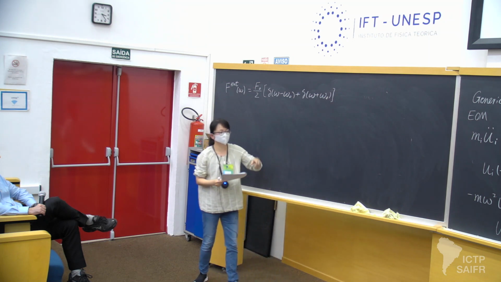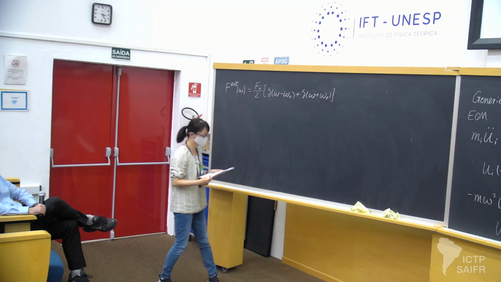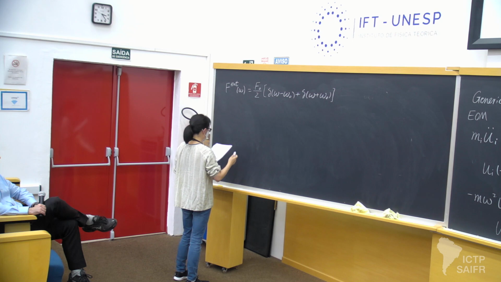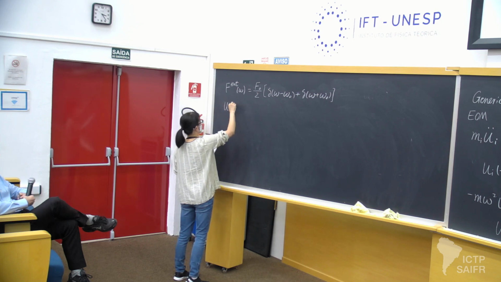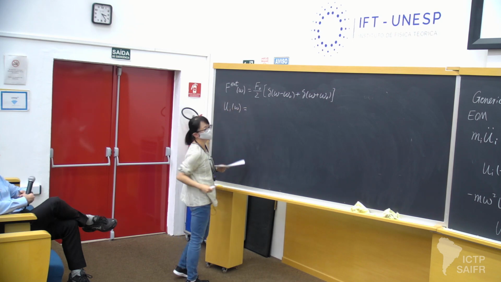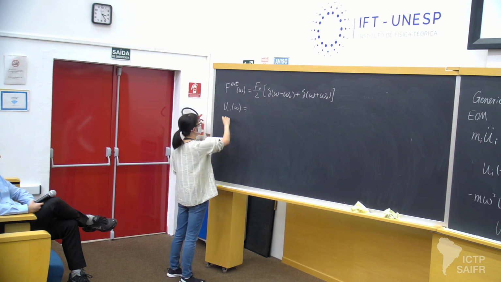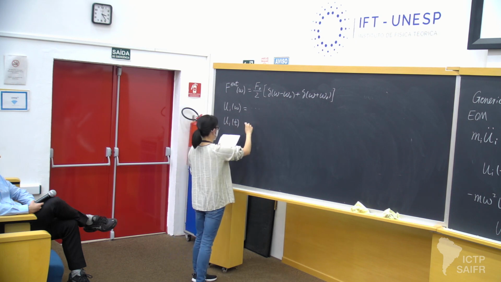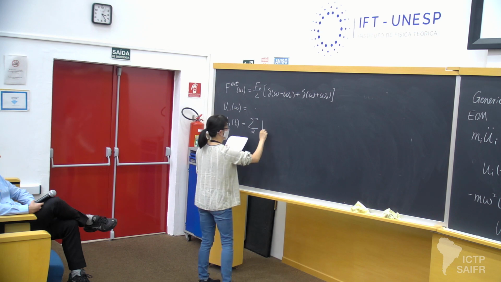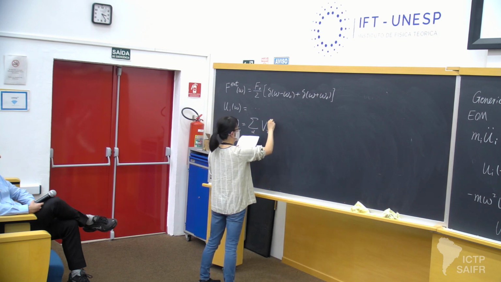This is just the Fourier transform of that force, okay? And then you have u_i omega. You can plug in that form, which I'm not going to write. And you can write u_i of t. With a little bit of simplification, you will find it like this.